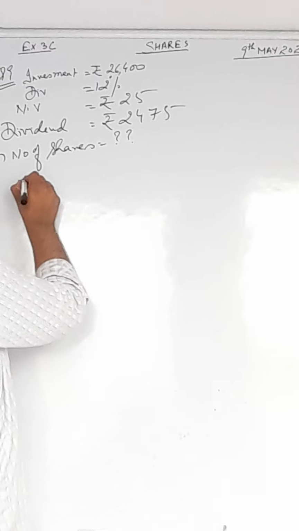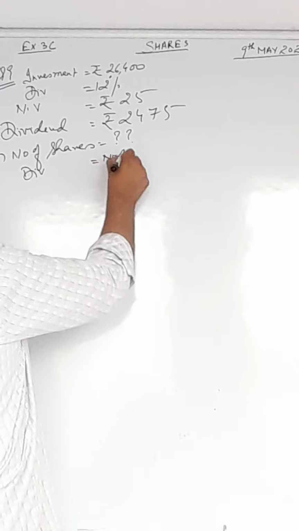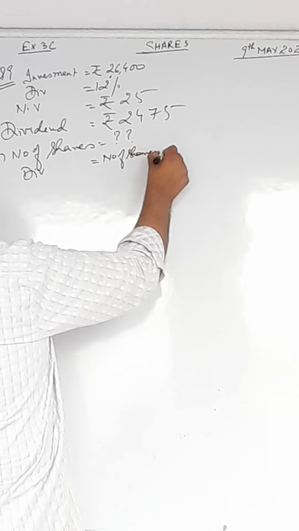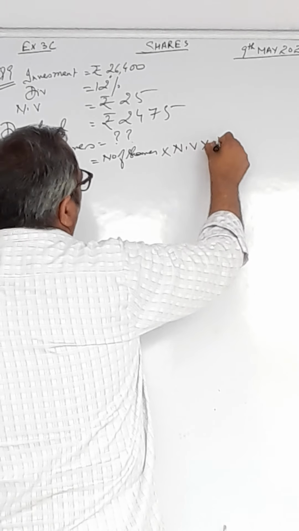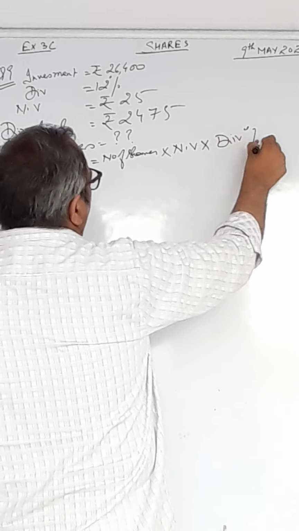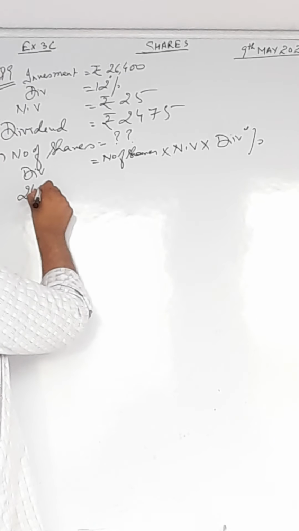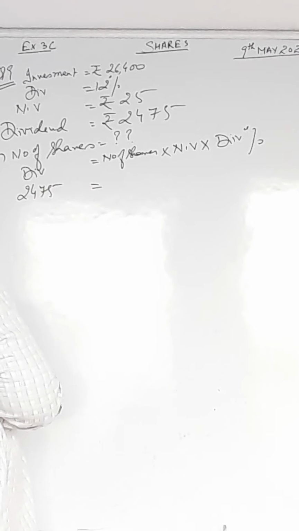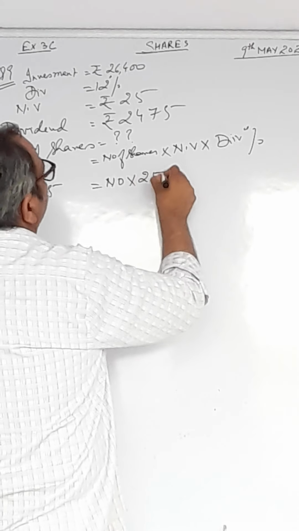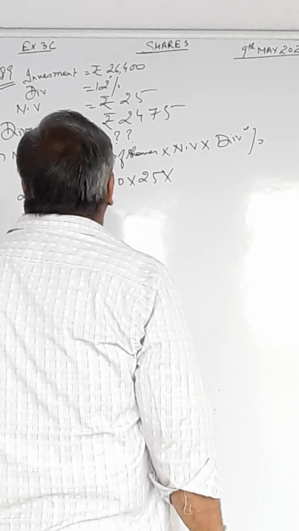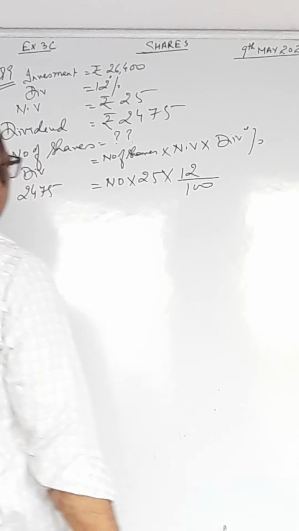We know one formula: dividend is equal to number of shares into nominal value of 1 share into dividend percent. Dividend is 2475. Number of shares unknown, nominal value rupees 25, and dividend percent 12%, 12 upon 100. Please check.